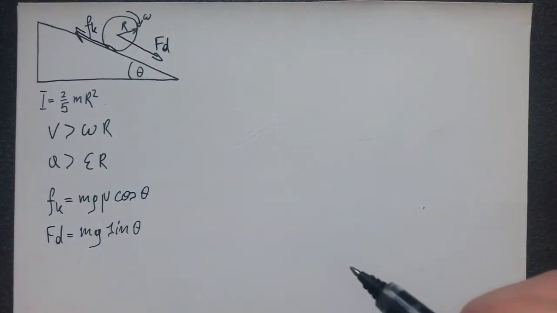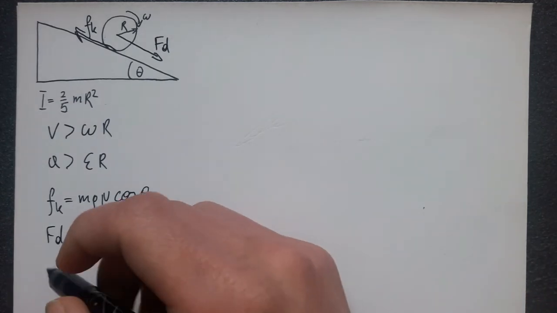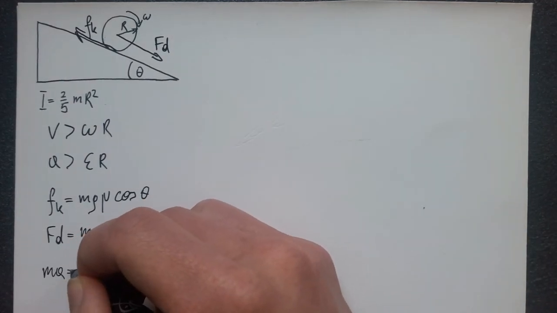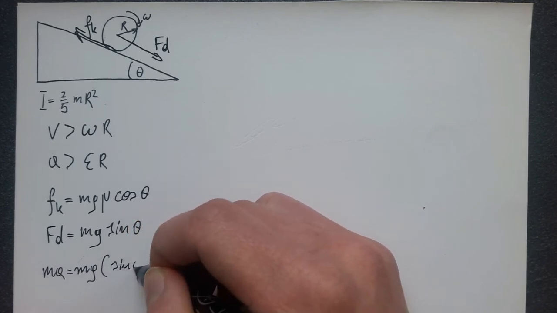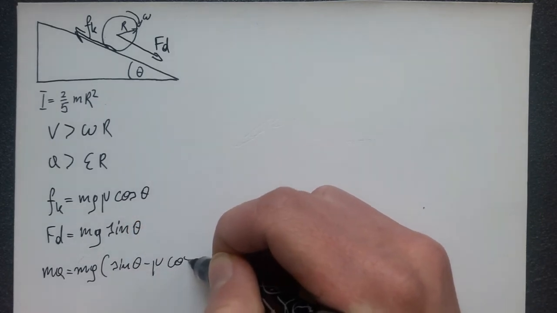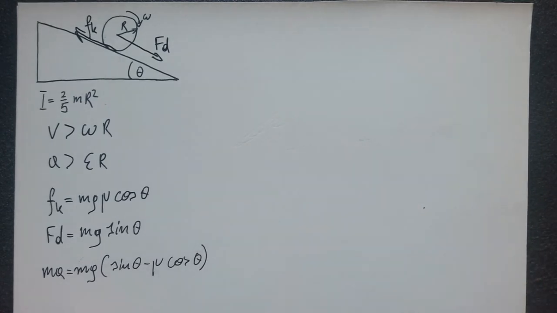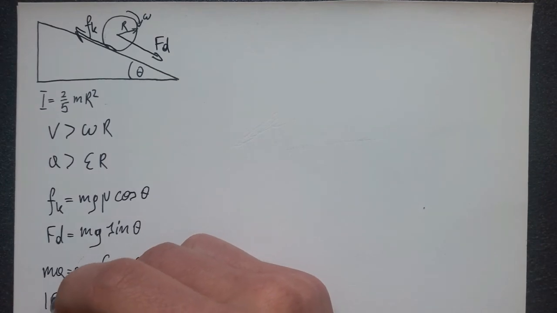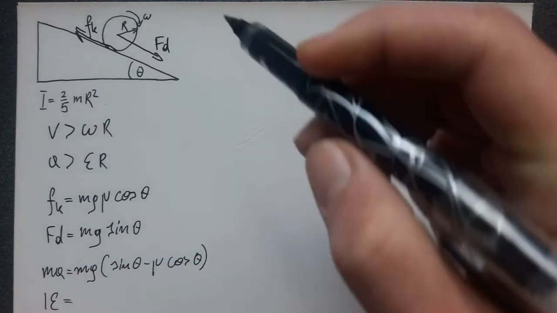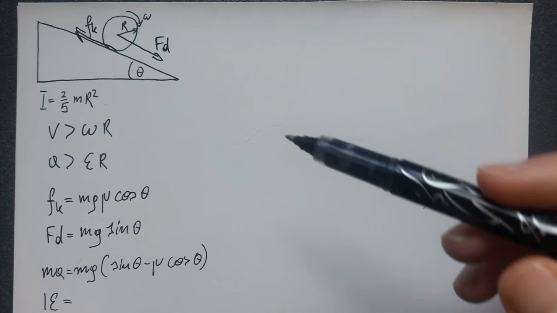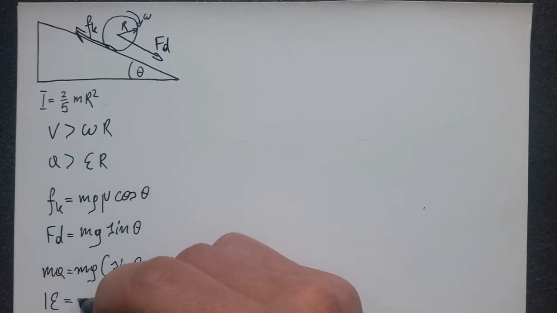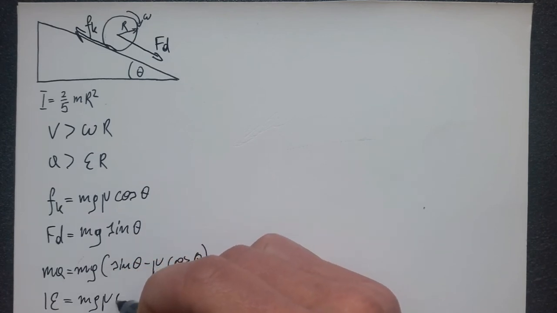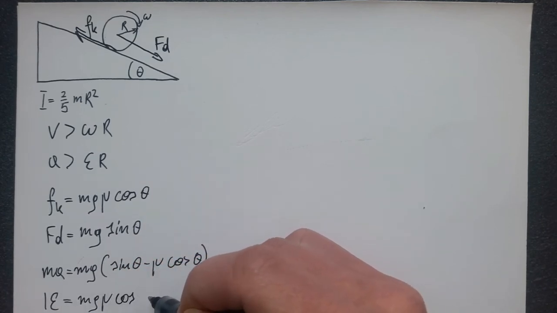And we now shall write what follows from Newton's laws. We have that ma is equal to mg sine of theta minus mu cosine of theta. And we have also that I epsilon is equal to the force of kinetic friction. The ball now is pivoting by its center, so the force of kinetic friction is mg mu cosine of theta.